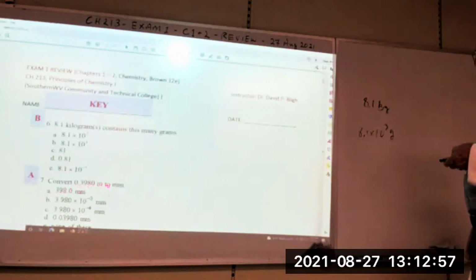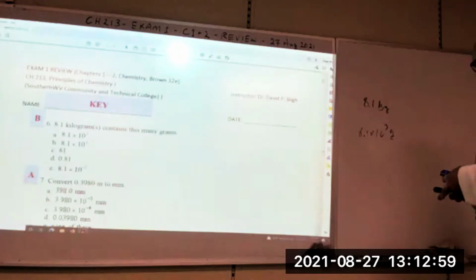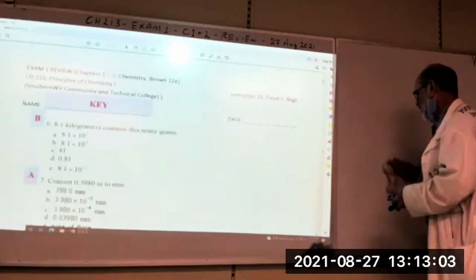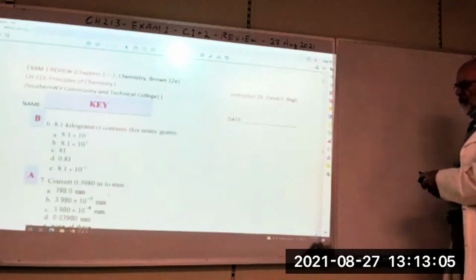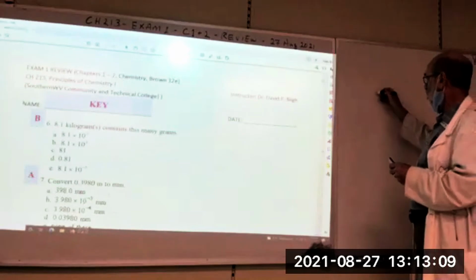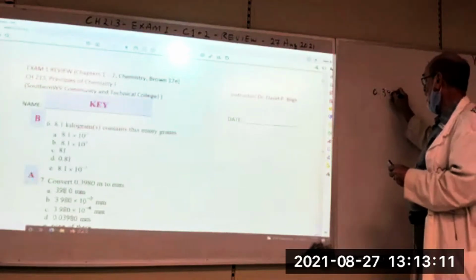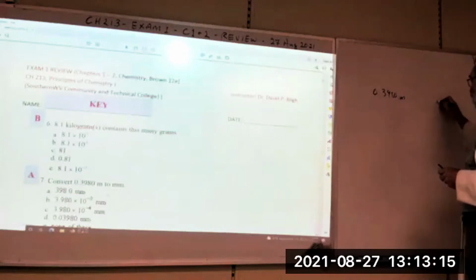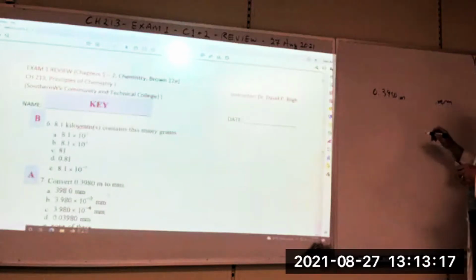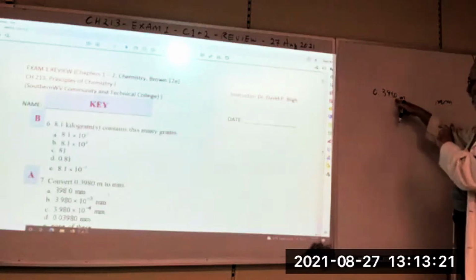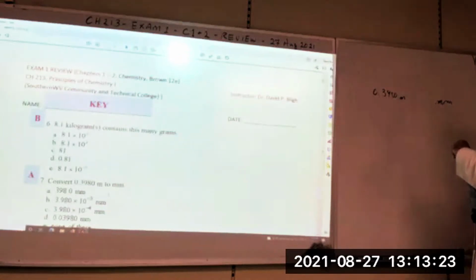Convert 0.3980 meters to millimeters. You can do that with that unit trick: 0.3980 meters, and you want to go to millimeters. So now you've got to store up information here. How many millimeters in a meter?